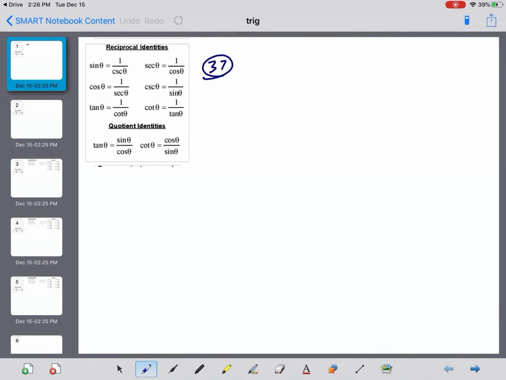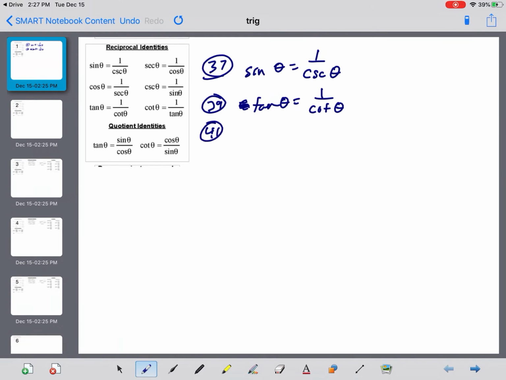In number 37, it's asking for sine theta is 1 over something, and it's right there, 1 over cosecant. Done with 37. And 39, it's saying tangent theta is 1 over something. Well, tangent theta is 1 over cotangent theta.